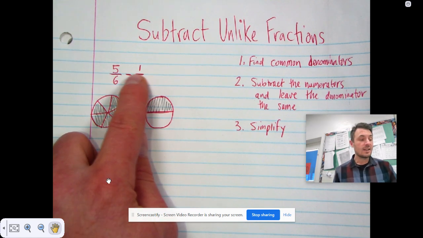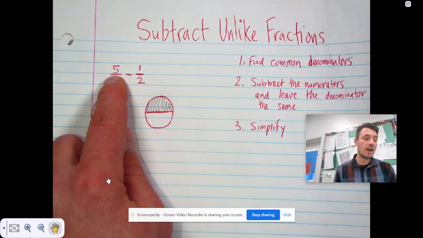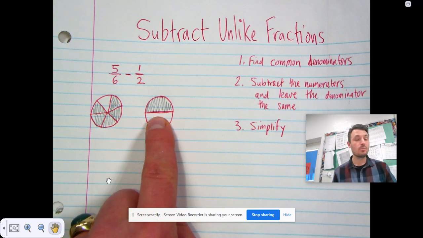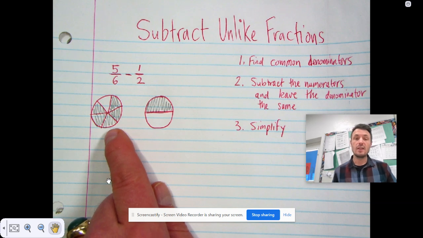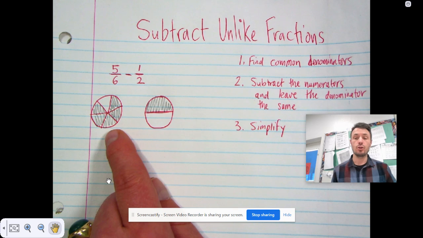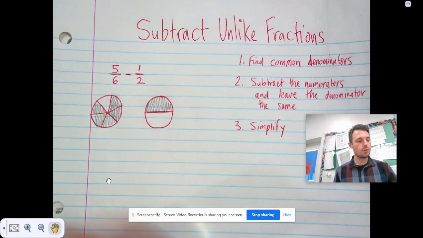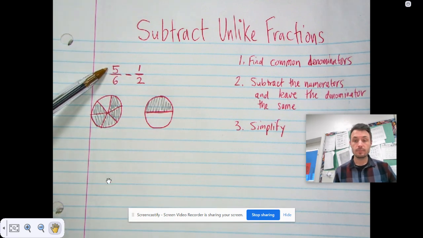You ate 1 slice, he ate 5 slices. 5 is 5 times more than 1. Can we say that he ate 5 times more than you just because he ate 5 slices and you ate 1? No, because your 1 slice is so much bigger than each of his slices. And that's why we have to find common denominators before we subtract, because while we have different denominators, the numerators don't mean the same thing.